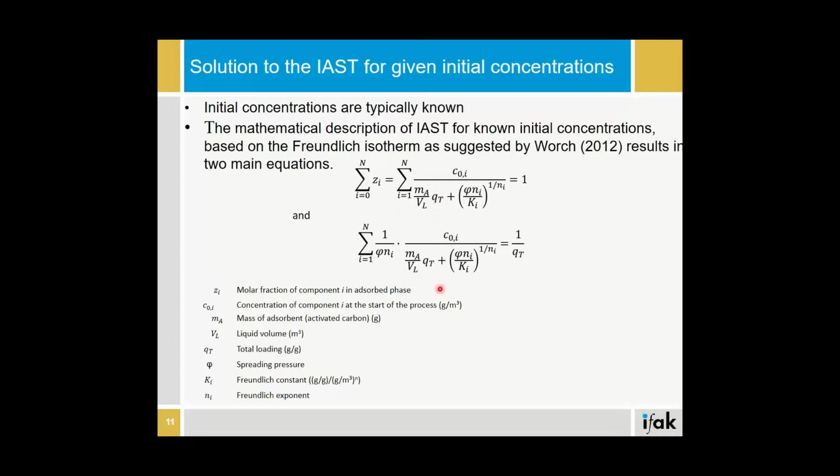These 2 equations are basically based on relating the initial and equilibrium concentrations by the material balance equation and relating the partial loading to the total loading, q_T. So solving these two equations with a linear algebra solver gives the spreading pressure, phi, and also gives the total loading by keeping the smaller fraction, z, as a unity.